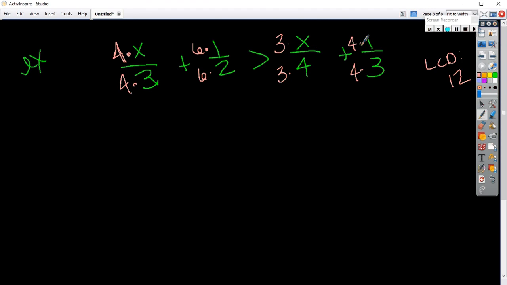Because that might be the only new thing that you haven't seen yet, the LCD method of solving. Everybody okay on that? Drop them off and just look at the tops. 4x plus 6. And we can do this because our variables sit in the top. Should be an easy solve at this point.